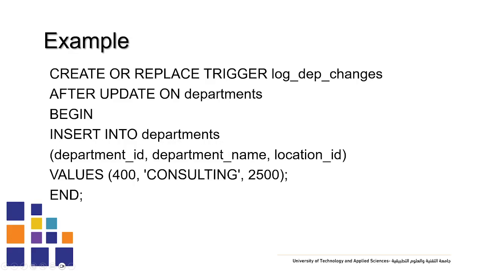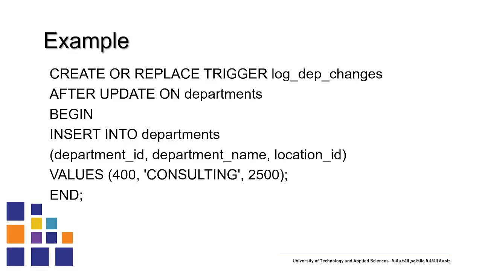You can see here that it inserts a new row with the specified department details into the departments table. So a new department with the department ID, for example 400, with the name Consulting, and the location ID, let's say, 2500, will be added to our departments table.